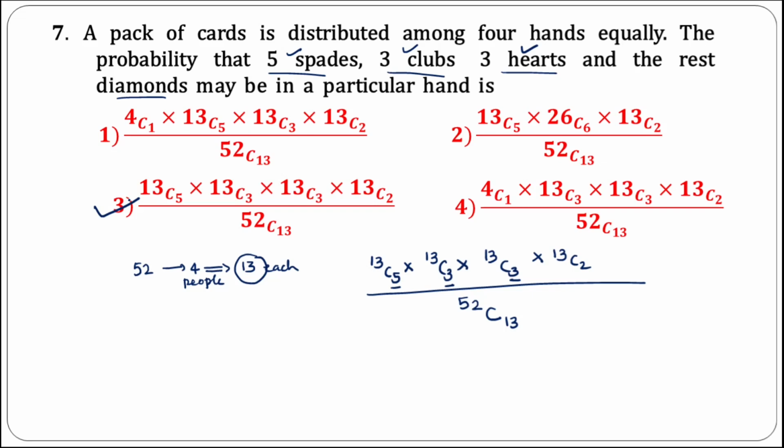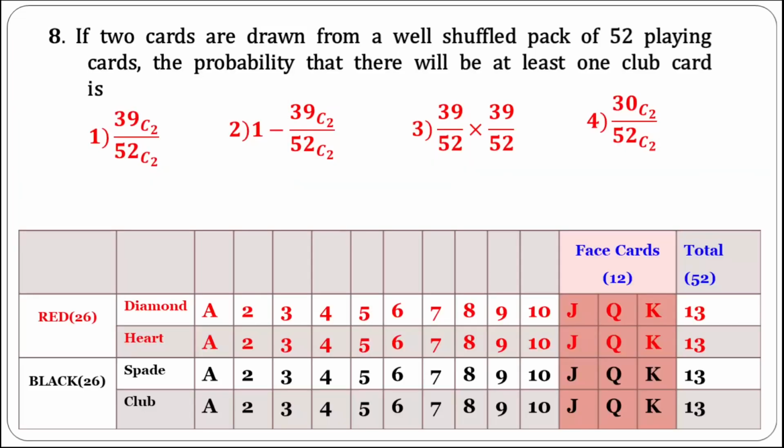Now let's see the next question. If 2 cards are drawn from a well shuffled pack of 52 playing cards, the probability that there will be at least one club card is, see, as I told, probability of at least one club is nothing but what? 1 minus probability of no club. Right.